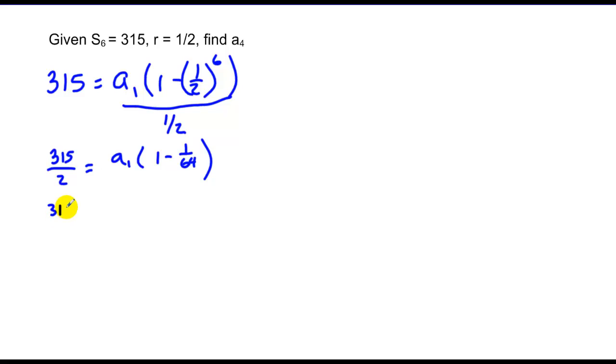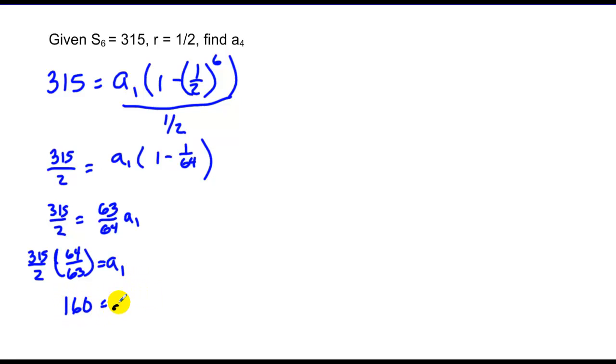So that's 315 over 2 equals 63 over 64 times the first term. Therefore, 315 over 2 multiplied by 64 over 63 equals that first term, which gives me a total of 160 for my first term.